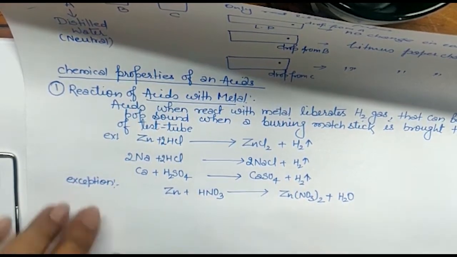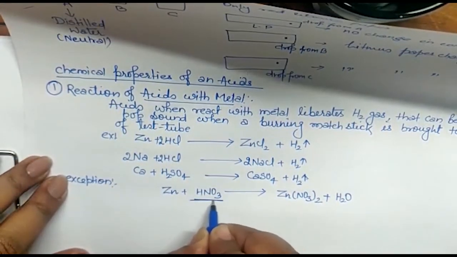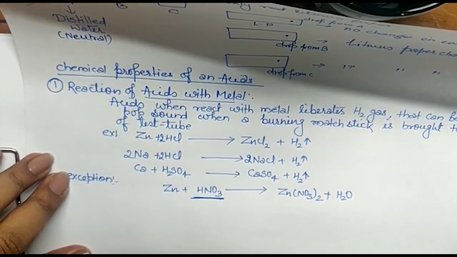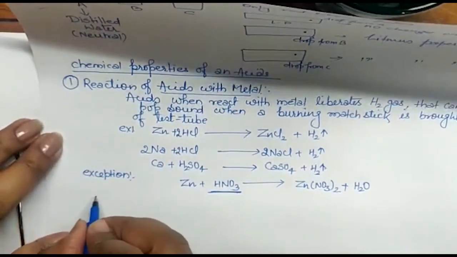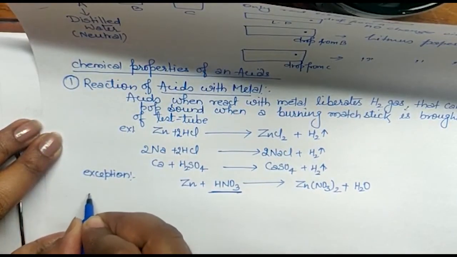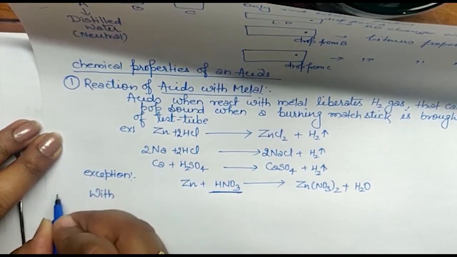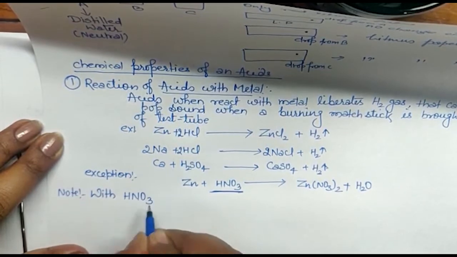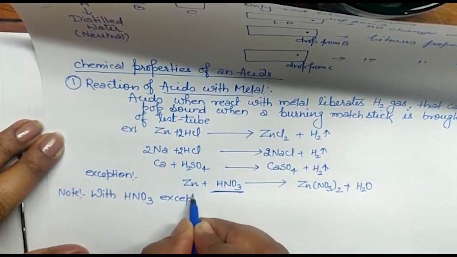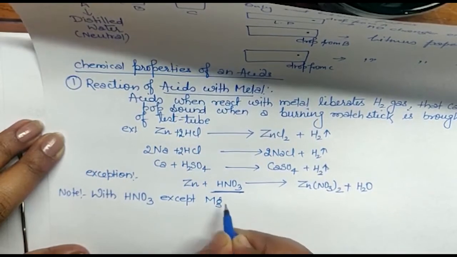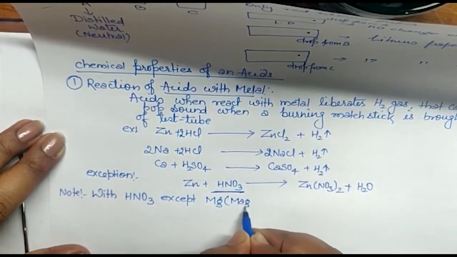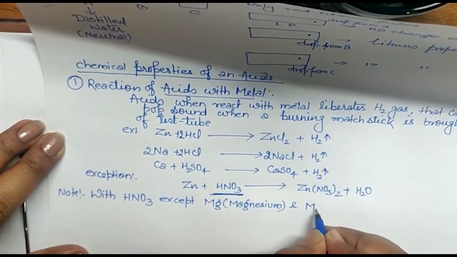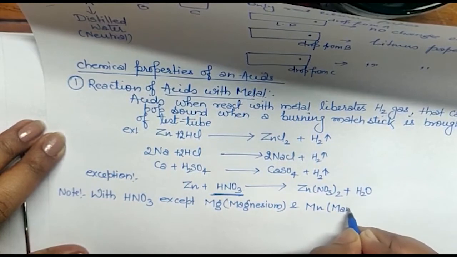Got it? That means with this HNO3, H2 gas is not liberated in general. Okay, except, see, with HNO3, note, you can write in note, with HNO3, except Mg, magnesium, and Mn, manganese.